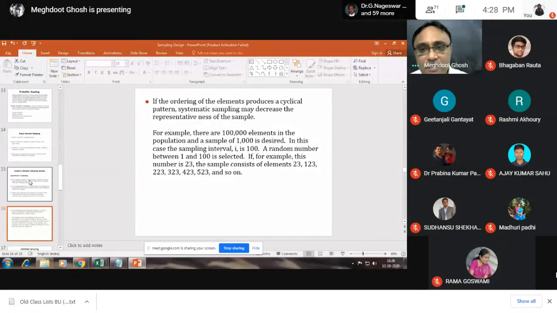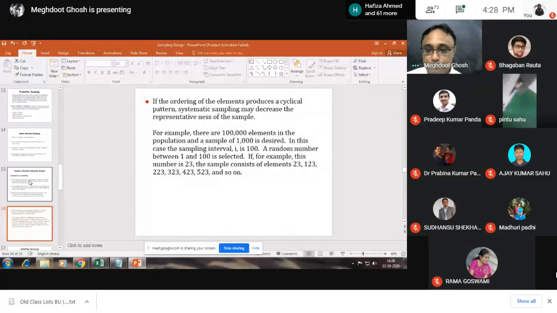You have to select that randomly. Whatever comes to your mind, you can take the help of a table or whatever. Now if, for example, this number is 23, then the sample consists of the elements 23, 123, 223, 323, 423, 523, and so on. This is called systematic random sampling.